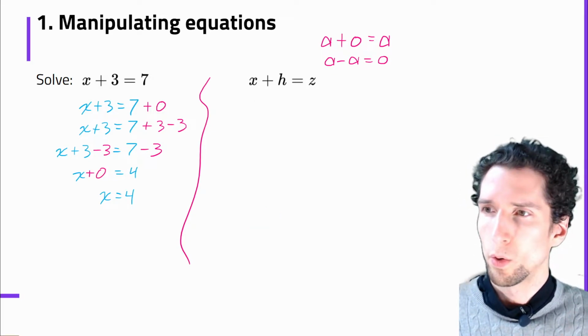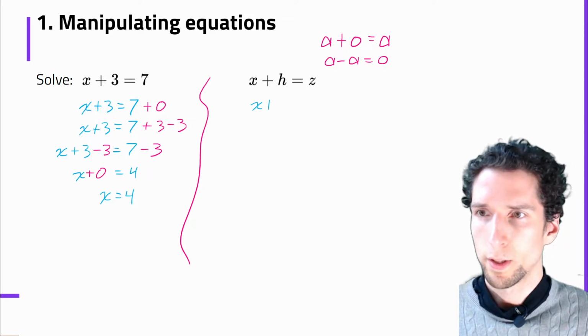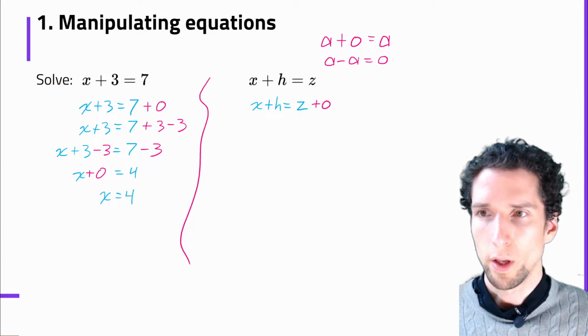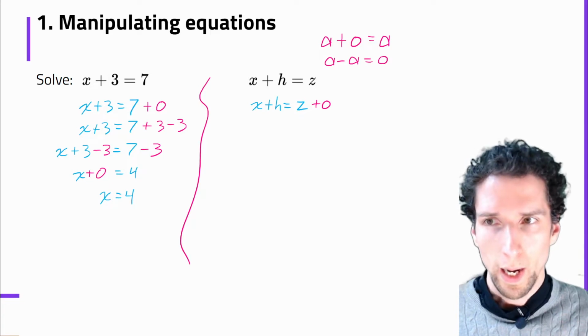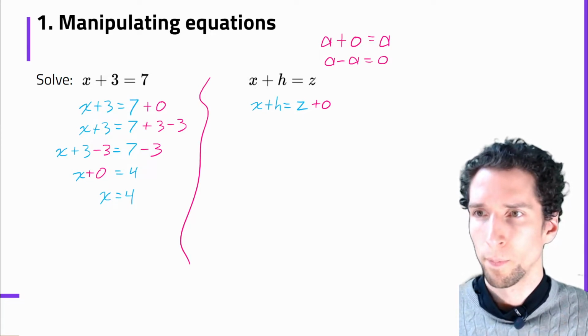Okay, so we'll just copy everything we did on the left here. So x plus h equals z, and we can still add 0. Doesn't change anything. H is the problem. We want h to be on the other side of the equation, but how are we going to do that?